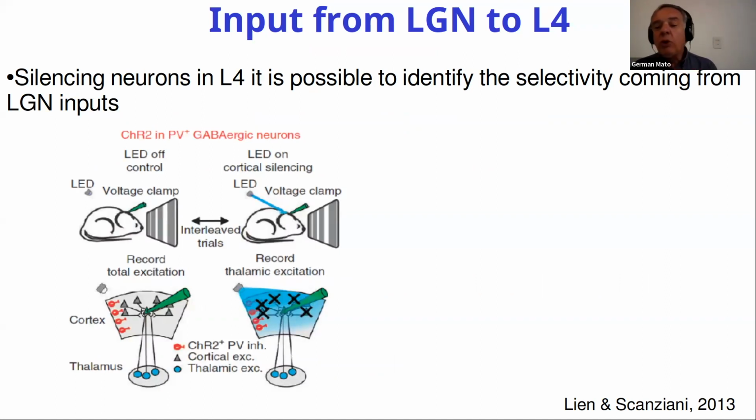So if the neurons in cortex cannot generate spikes, all the input should be coming from LGN. So by intracellular recording of a neuron, all the postsynaptic potentials have to come from the thalamus. In this way, I can study the input itself to the network independently of the feedback connections inside the cortex.